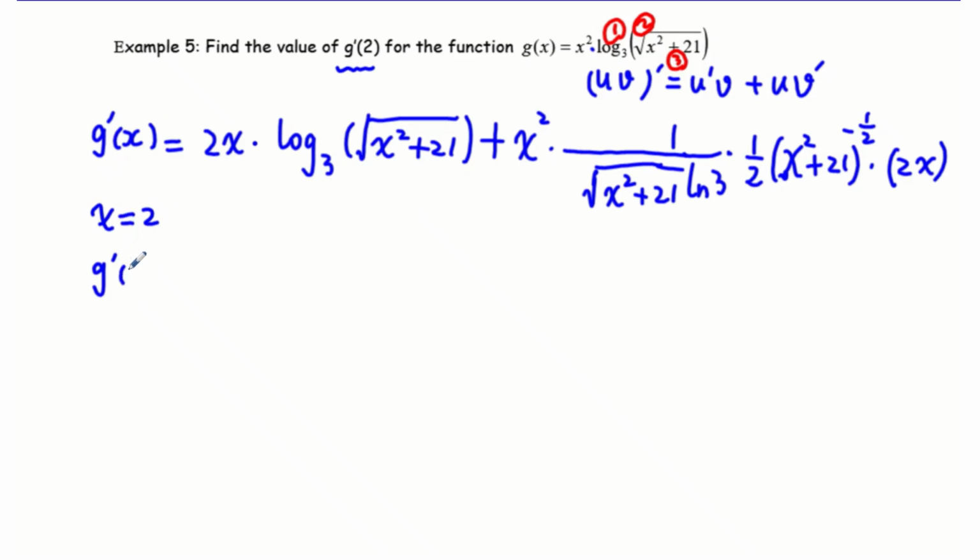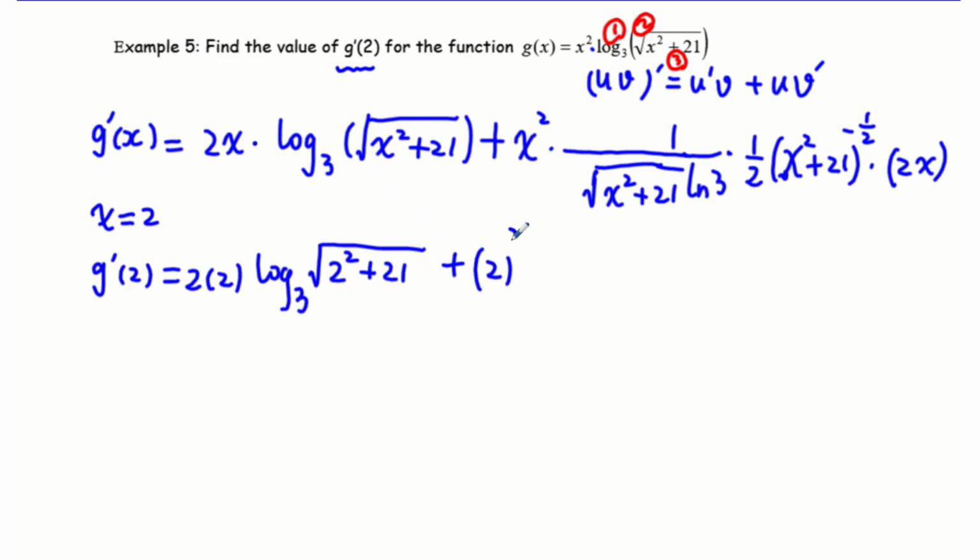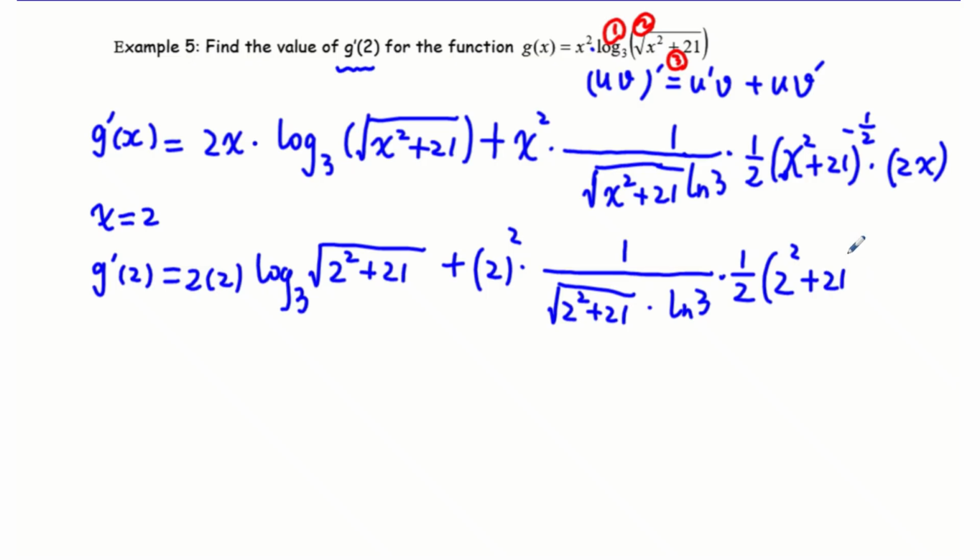G prime of 2 equals 2 times 2 over log 3 of the square root of 2 squared plus 21, plus 2 squared over 2 squared plus 21, then times ln 3, then times 2 squared plus 21 to the negative 1 over 2, then times 2 times 2.